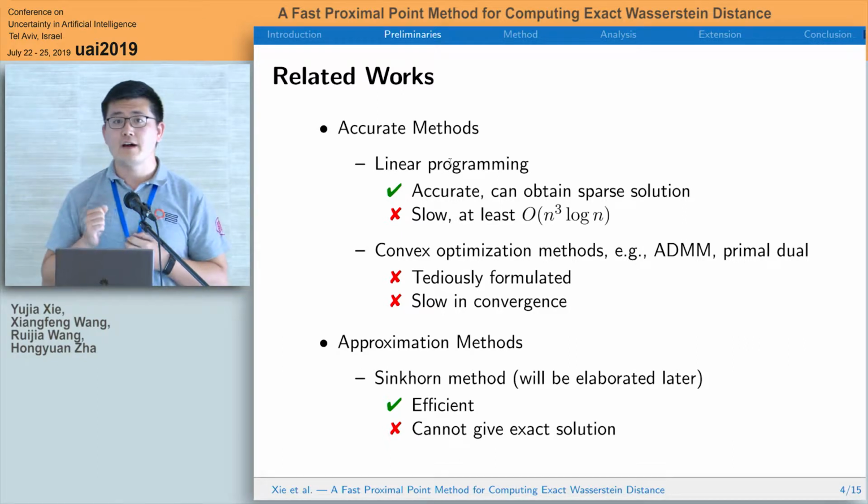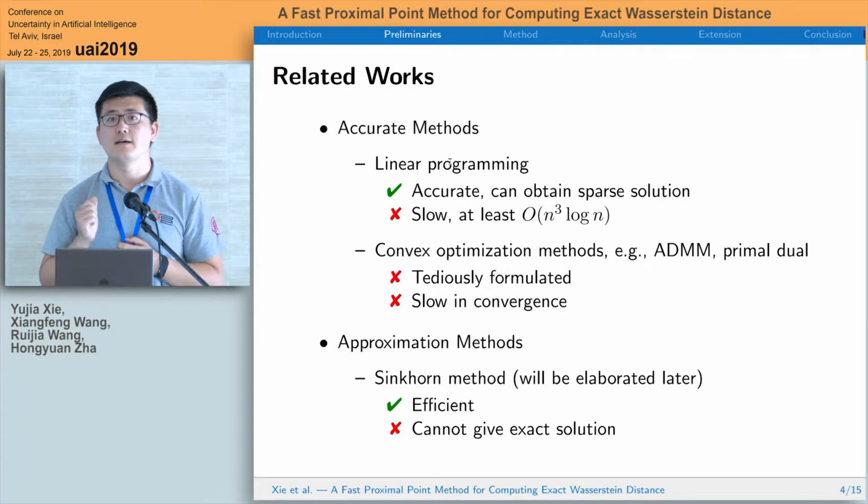If we want to compute the Wasserstein distance, we need to efficiently solve the linear programming problem. There are two kinds of methods that can solve this structured linear programming problem, not a general one. One of these is the accurate method. We can directly solve this linear programming problem with an interior point type method accurately.